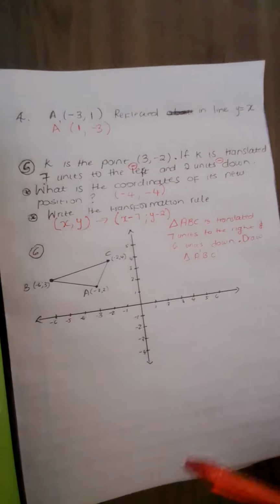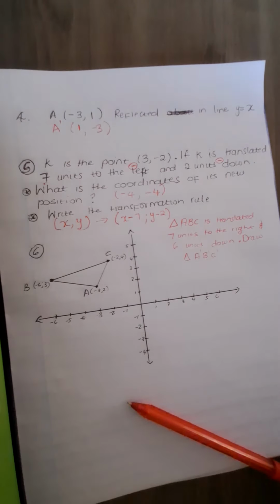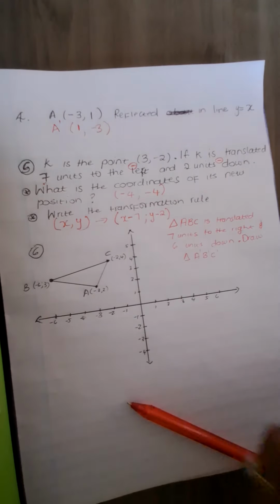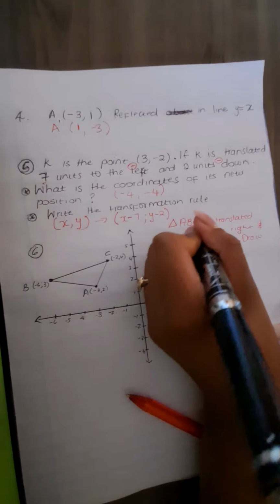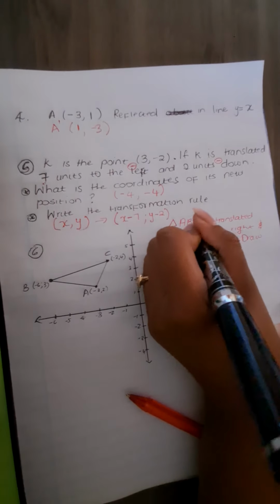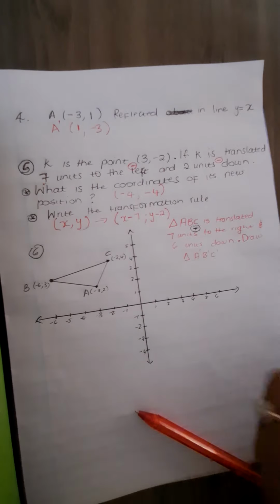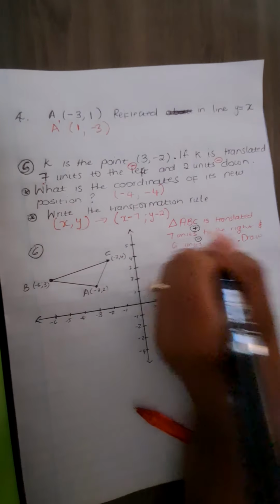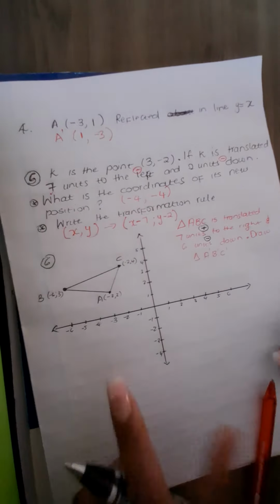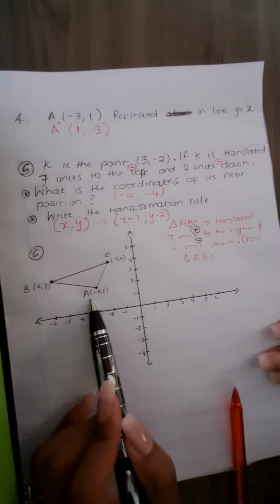All right, so we know that when they are saying 7 units to the right, that means it is positive X values, and then 6 units down it is negative Y values. You are given your original images.